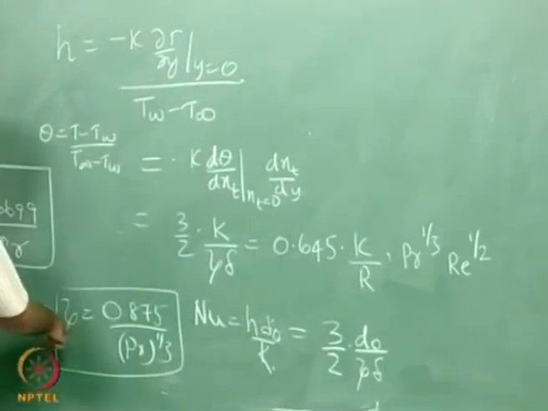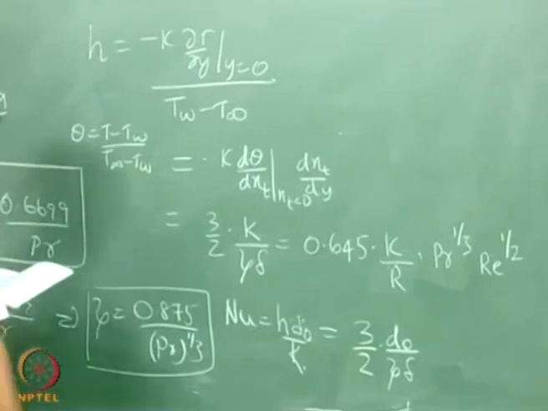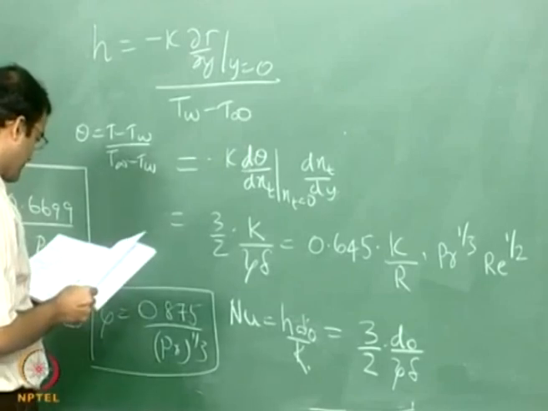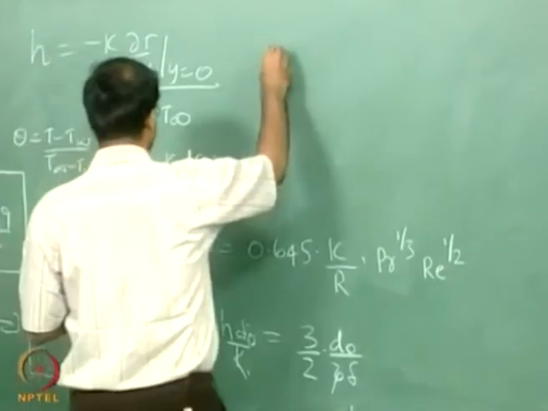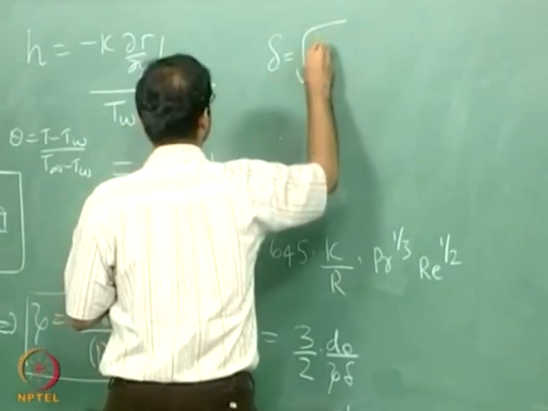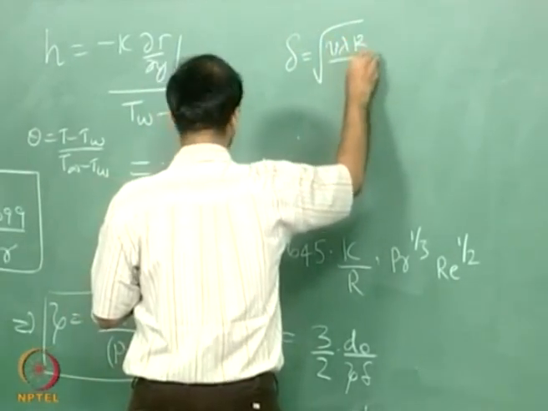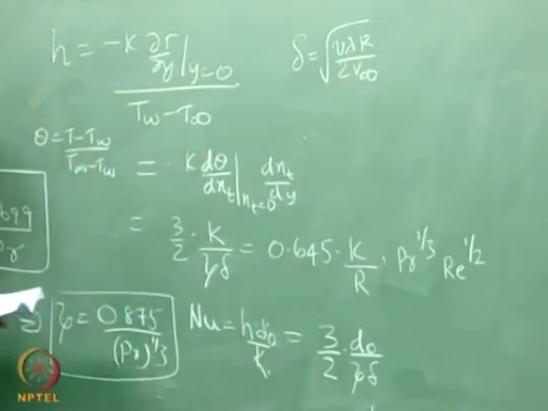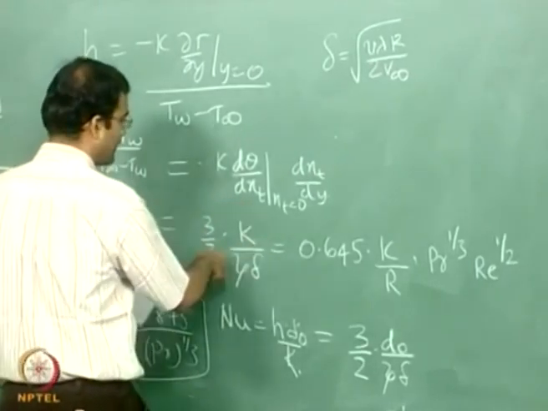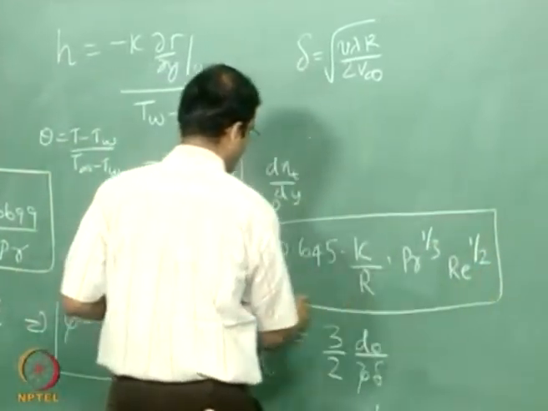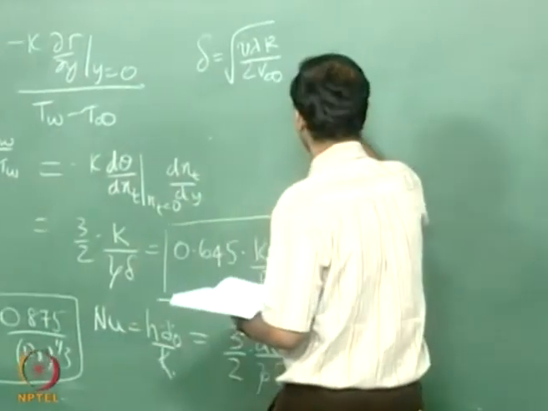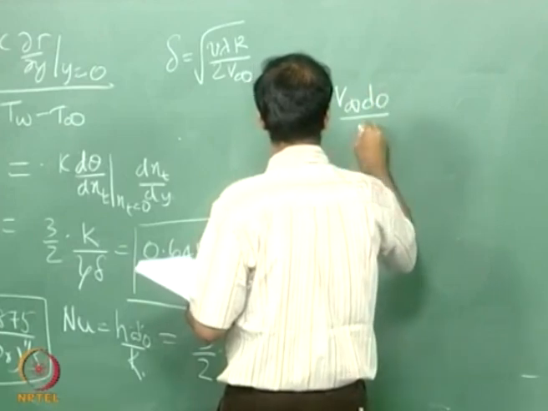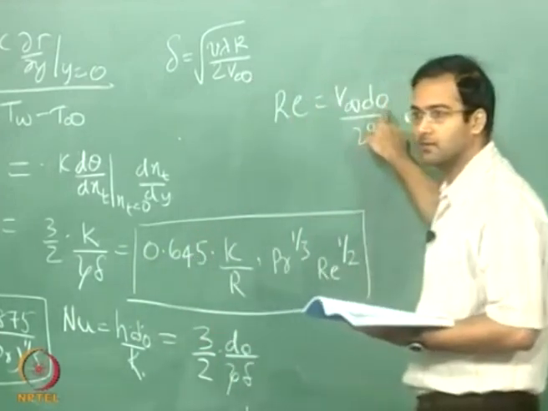So this is already in terms of Pr, and my delta, I know the expression for delta, which is nothing but square root of nu lambda r by 2 v infinity, correct. So I am substituting everything into this, and finally I can write in terms of Prandtl number and Reynolds number, where my Reynolds number here is defined as v infinity into d naught by nu. So d naught is 2 times r.